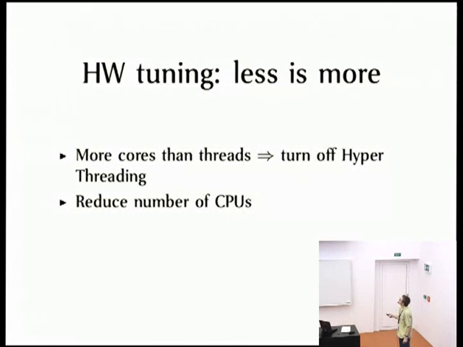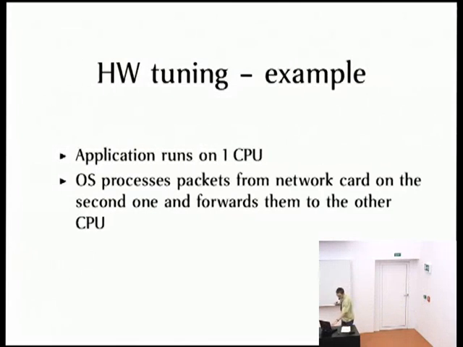And you can also reduce the number of CPUs. I'll explain it with an example. If your application is able to run on one CPU, for example, it has only 2 or 3 threads, and the CPU has 4 cores, you don't need the second CPU.